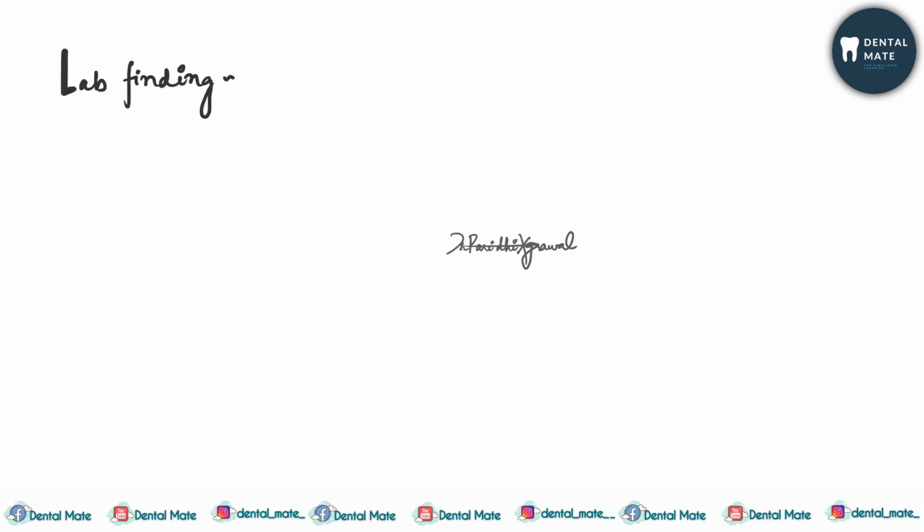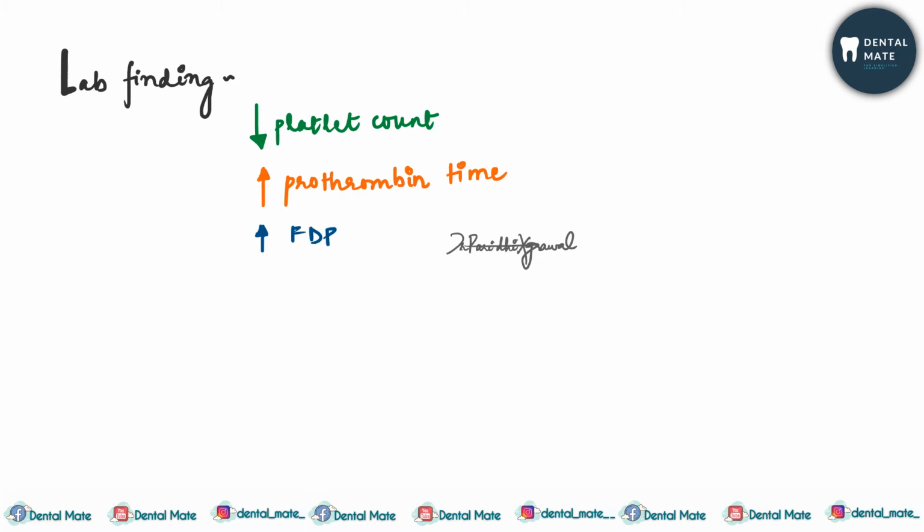Next, if we talk about the lab findings, then there is decreased platelet count, increase in prothrombin time, increase in fibrin degradation product, and increase in the D-dimer levels, also associated with increased death risk. D-dimer is basically a protein present in the blood, and after the blood clot is degraded by fibrinolysis, this is the fibrin degradation product.